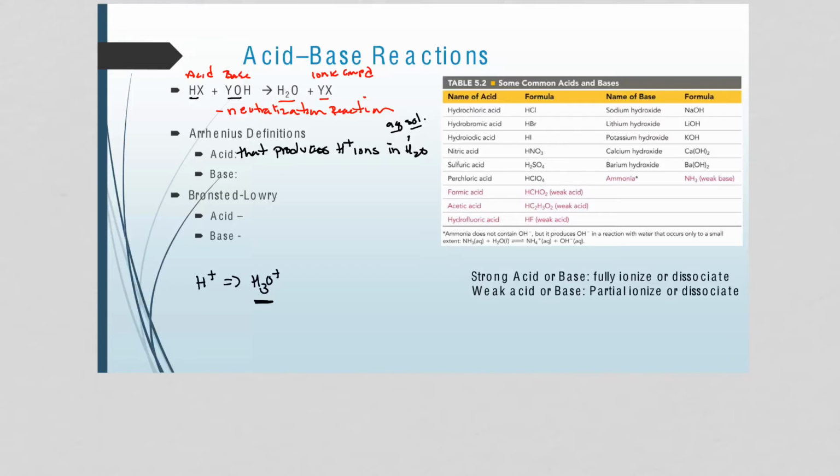Now, a base is a substance that produces hydroxide ions in water or in aqueous solution. Now, we can write an example here.